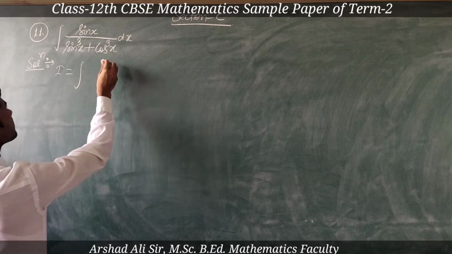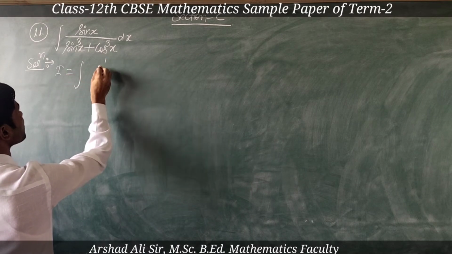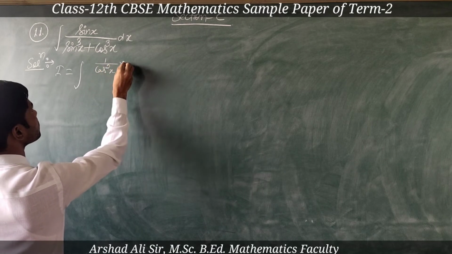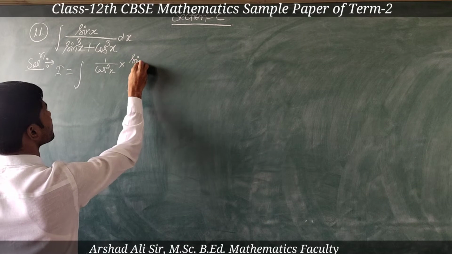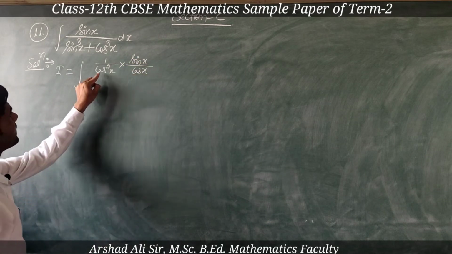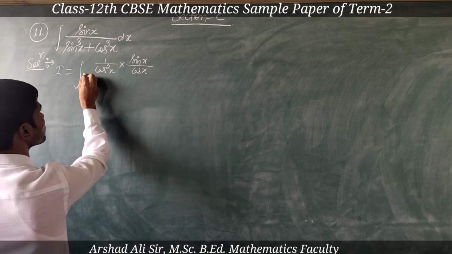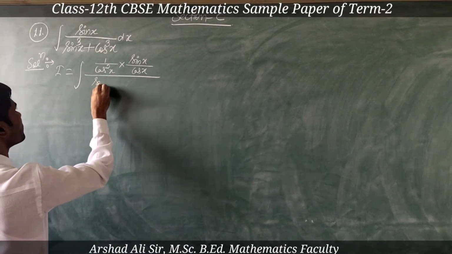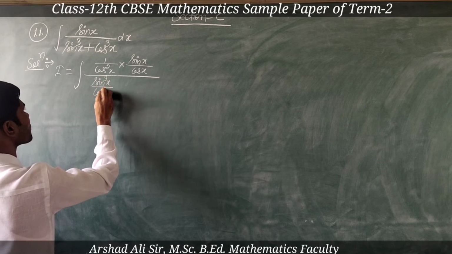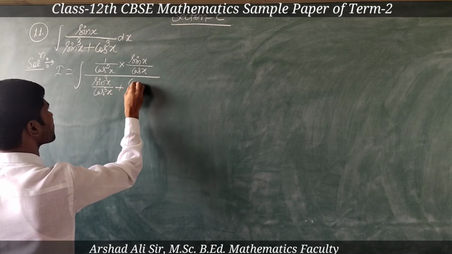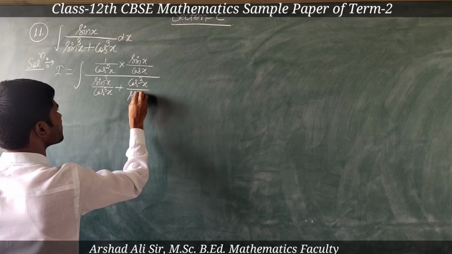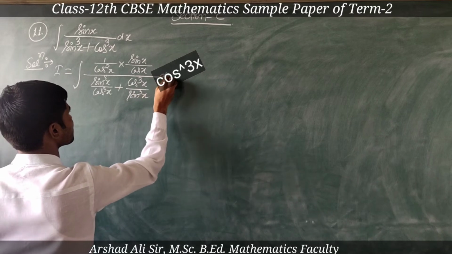So here we get 1 upon cos square x into sin x upon cos x. Okay, we are dividing by cos cube x, so sin cube x upon cos cube x plus cos cube x upon cos cube x dx.